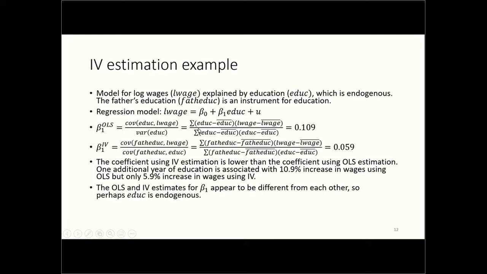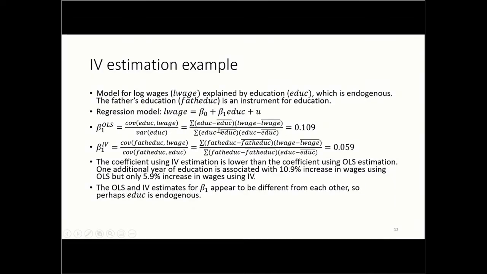So here we have education minus education bar, which is the average, times log wage minus the log wage bar, and then divided by the summation of education minus the average education times education minus average education, that being the variance of education. So if you actually go through the data and just calculate this expression, we would be having 0.109 as the coefficient.